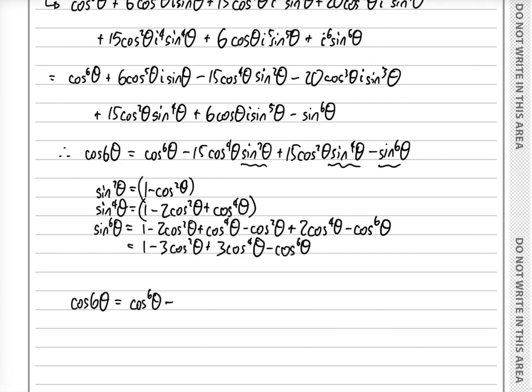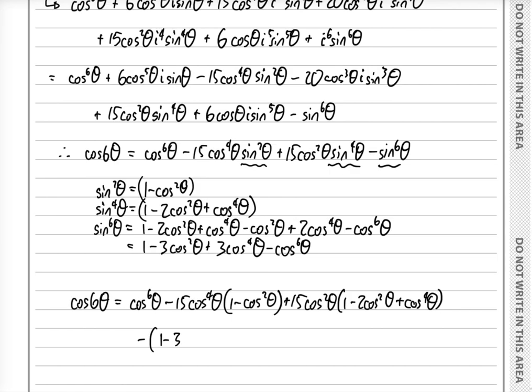You do the same sort of thing each time you come across a question like this: 1 minus cos squared plus 15 cos squared theta, 1 minus 2 cos squared theta plus cos^4 theta. And yes, of course, it is very easy to make a mistake. Like that, that's not right. Squared theta. Make sure I can read my own handwriting.